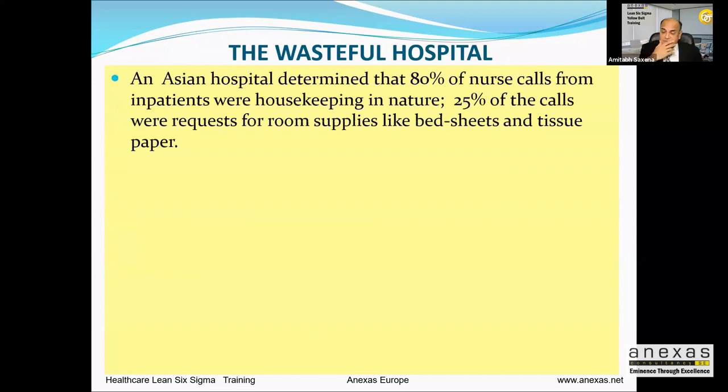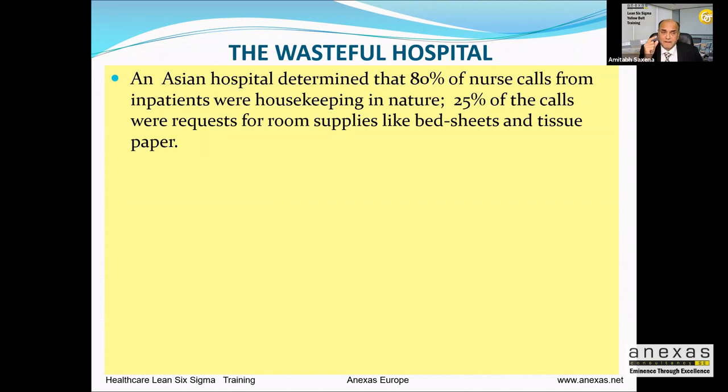In one of the hospitals, 80% of the nurse calls from inpatients were housekeeping in nature. Now, this is an example of waste of human intelligence. Why? Because a nurse is there to treat the patient. But if you observe what happens, the patient is saying, okay, my pillow cover is dirty, my bed sheet is not good, and a nurse is taking care of it. The nurse spends time doing all these activities, or at least gets involved.